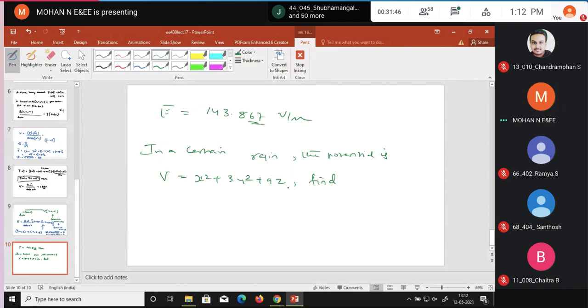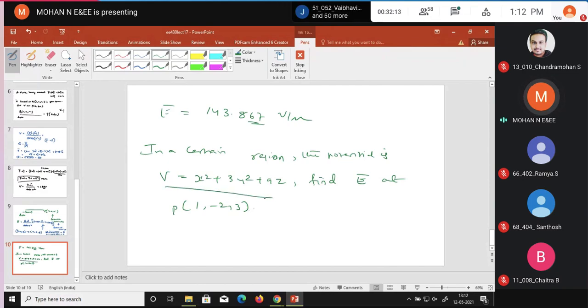Find E at P (1, -2, 3). I'm just revisiting the concepts again. Find E at P (1, -2, 3).